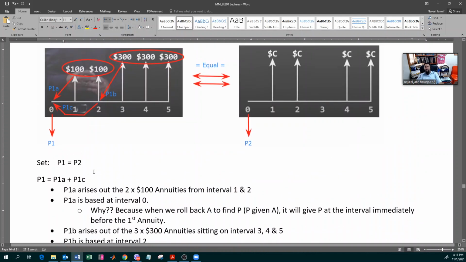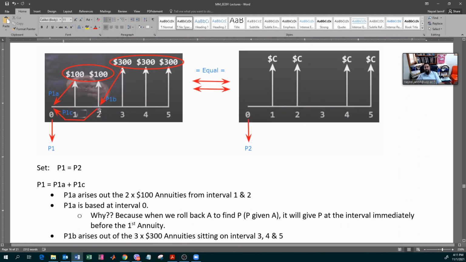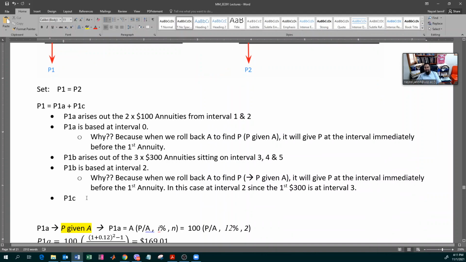Yes. You see, P1B is sitting at interval 2, right? P1C arises out of P1B, which is sitting on interval 2, but it has to be discounted.